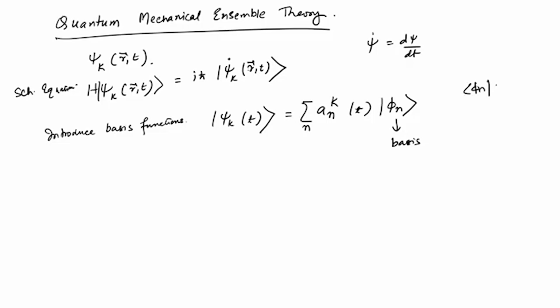This is the basis, okay, and the basis is an orthonormal basis, which means that phi_n and phi_m follow <phi_n|phi_m> = delta_nm, where delta_nm is the Kronecker delta, which is equal to 0 if n is not equal to m, and equal to 1 if n is equal to m. And these are the coefficients that explicitly carry the time dependence, and the basis is most of the time taken as time independent.